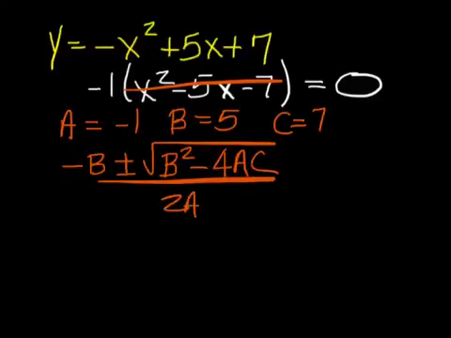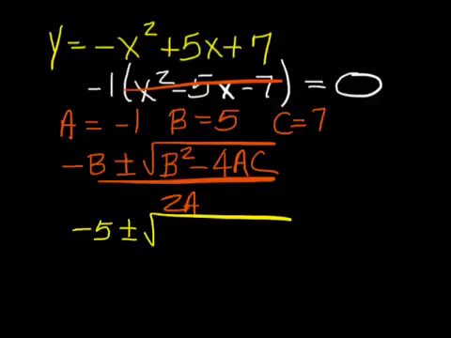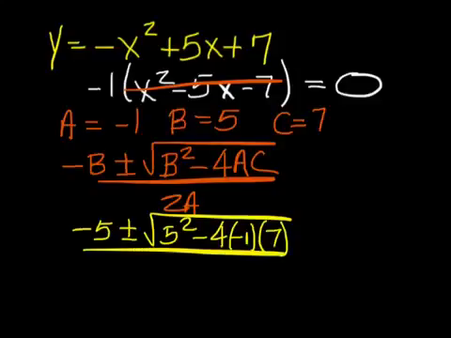And when I plug that in, I will get a negative 5 plus or minus the square root of 5 squared minus 4 times a times c, and then over 2 times a.